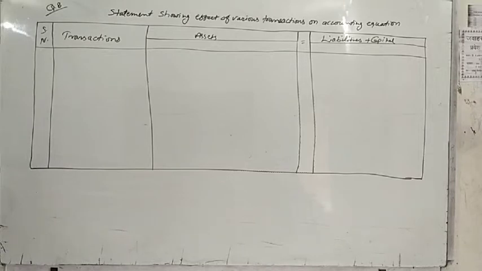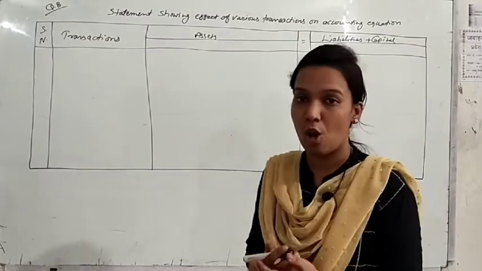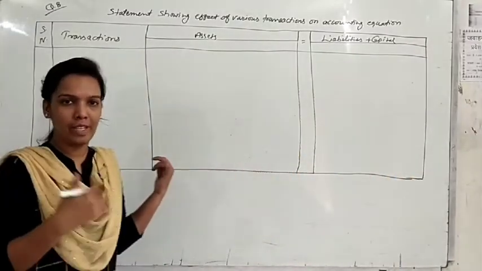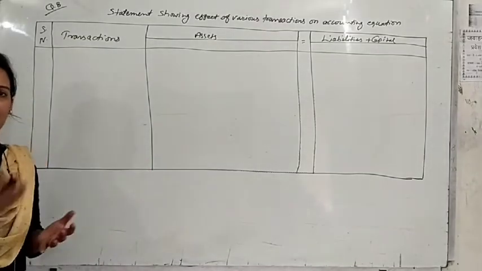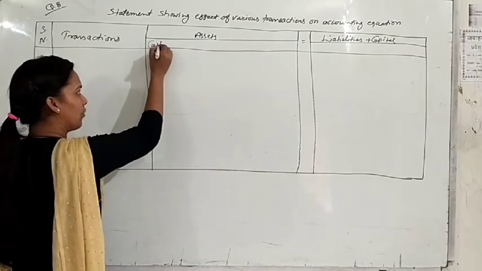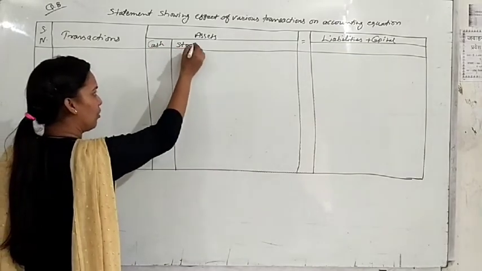Started business with cash and stock. This is the first point for you: you started business with cash and stock. It means when you started your business, you invested cash, but with cash you are investing stock also. So here we will make a column for cash, and a second column for stock.